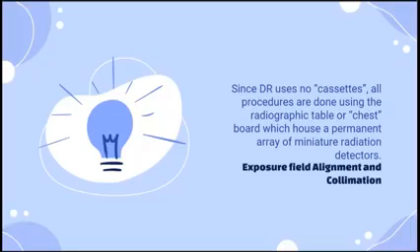The patient is either positioned at a chest board or on a table, so it decreases the flexibility compared to CR. With a cassette, we can position the patient with more mobility and flexibility. Compared with DR, it's either on the table or in the vertical grid or chest board.